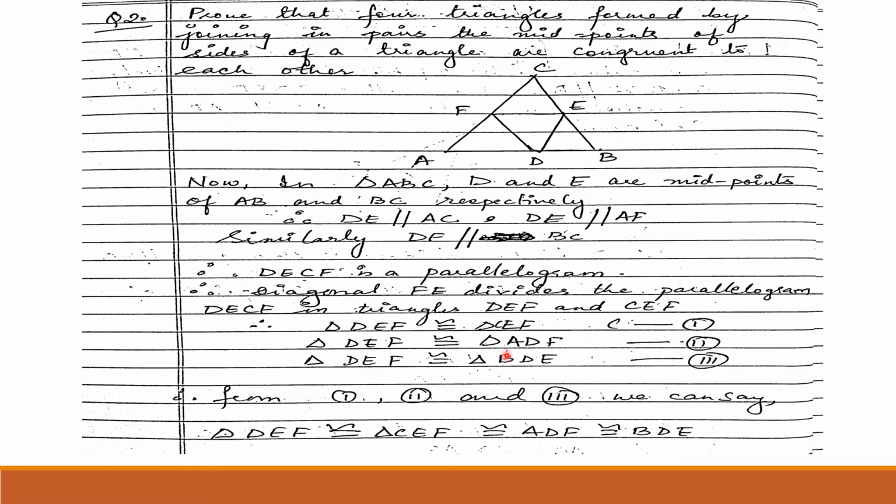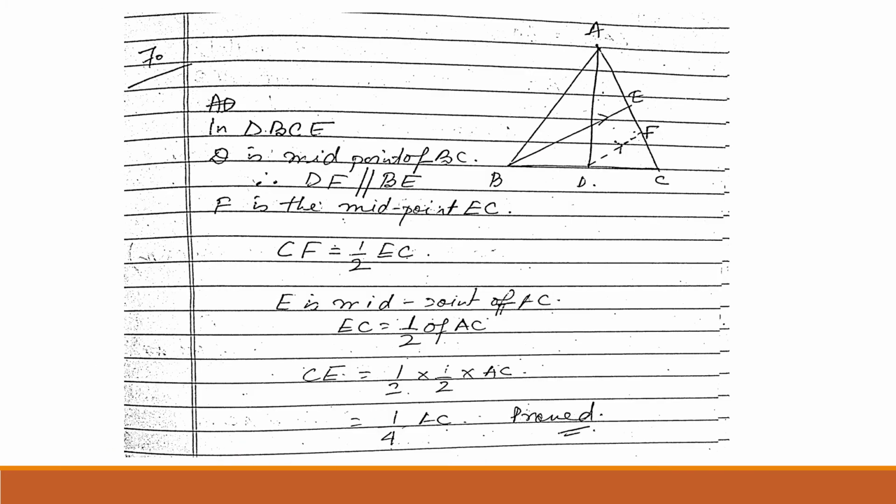DEF is also congruent to triangle ADF, and DEF is also congruent to triangle BDE. If I take all these three conditions that we have solved, we can say that triangle DEF is congruent to all the other three triangles formed in the figure. So they are congruent to each other.